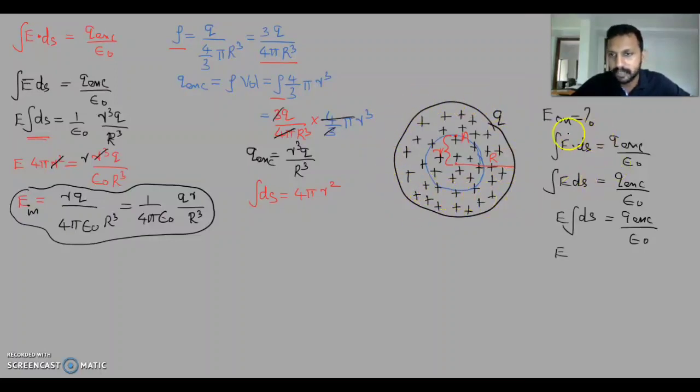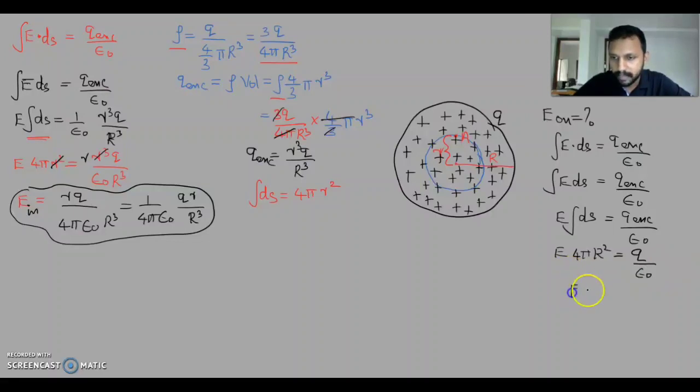The Gaussian surface in this case should be taken as a sphere of radius capital R. Therefore, E into 4 pi capital R square is equal to, what is Q enclosed? If you are taking a Gaussian surface of radius capital R, then Q enclosed is Q itself, therefore Q by epsilon 0.